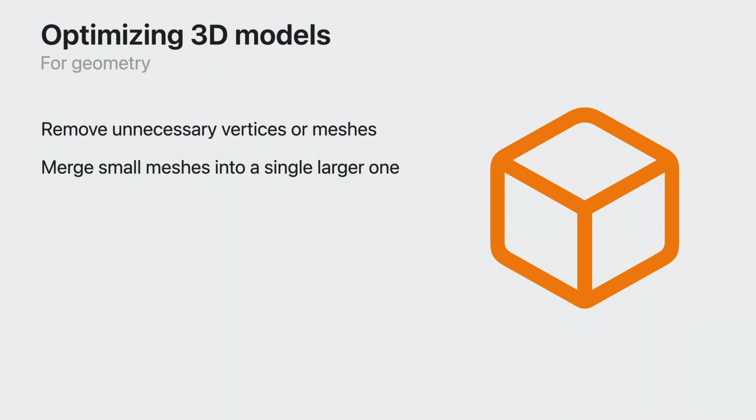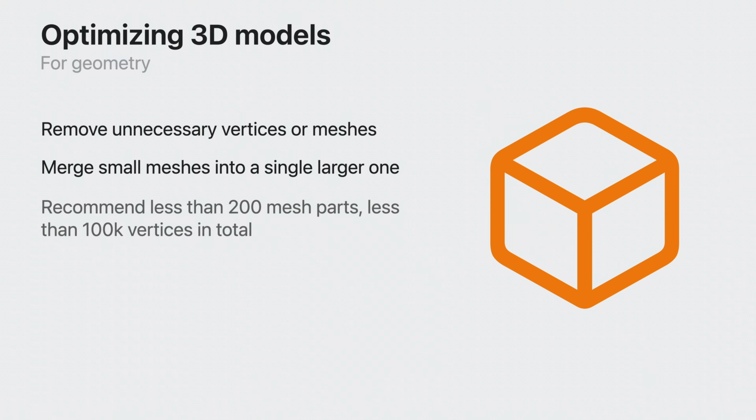Also, consider merging small meshes into a single larger one to reduce system load. For a single model, we recommend that you keep it under 200 mesh parts and fewer than 100k vertices. Always keep in mind to balance your mesh detail with other assets in the scene.